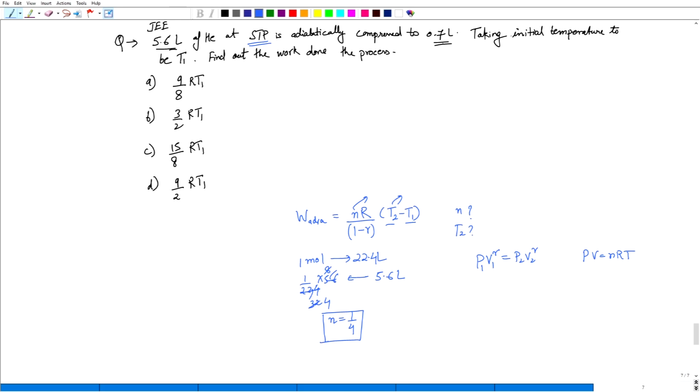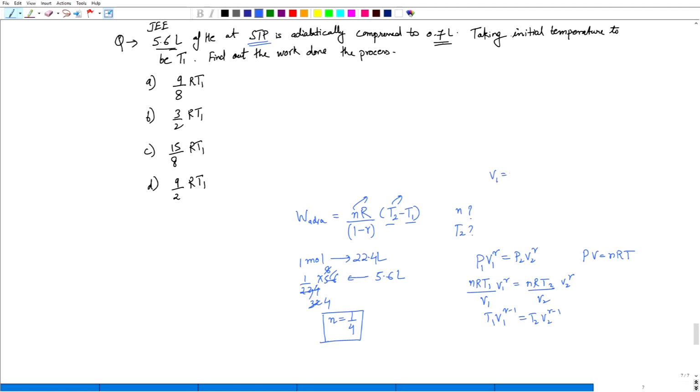So we can replace this here, and what we get is nRT1 by V1 to the power gamma equals nRT2 by V2 to the power gamma, and so T1 V1 to the power gamma minus 1 equals T2 V2 to the power gamma minus 1. We know the volumes V1 and V2, so that's why I am calculating in this way.